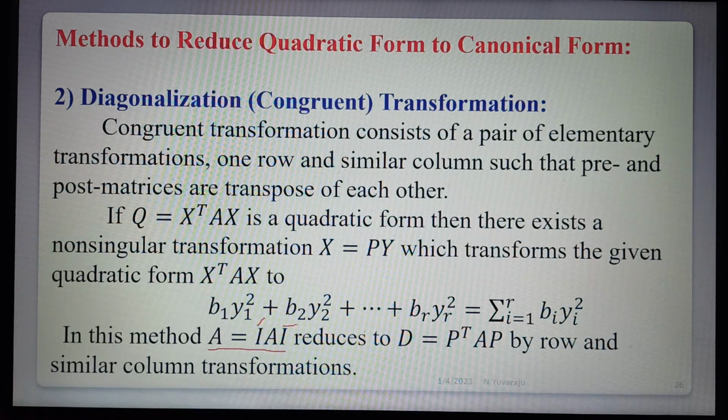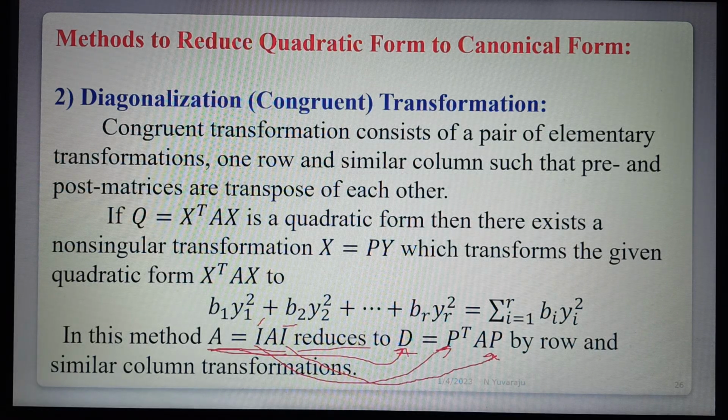This equation reduces to D is equal to P transpose A P. The given matrix is reduced to a diagonal matrix, and automatically the identity matrix on the pre side is converted to P transpose and on the post side to P. So P transpose AP is equal to a diagonal matrix.